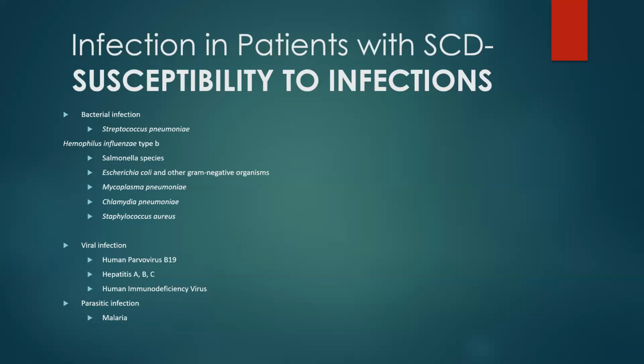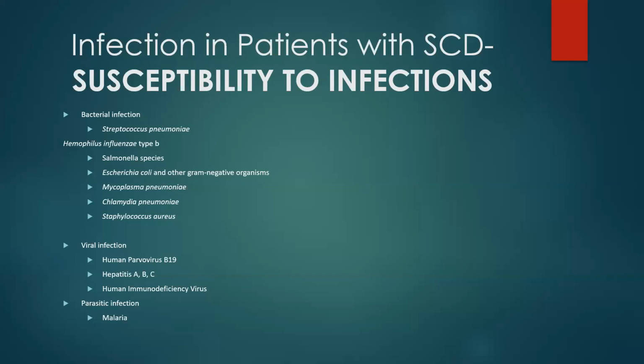Salmonella and other bacteria are also implicated in causing infection in patients like this. They are also prone to viral infections. Parvovirus B19, as I said, causes the aplastic crisis.